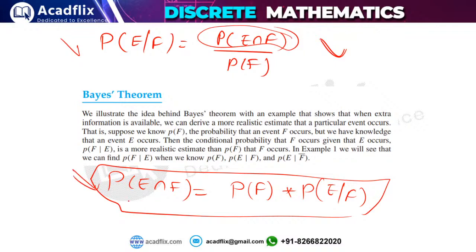Basically, if we want to find probability of E intersection F, it will be probability of F multiplied by probability of E given F. This is how you can find it.